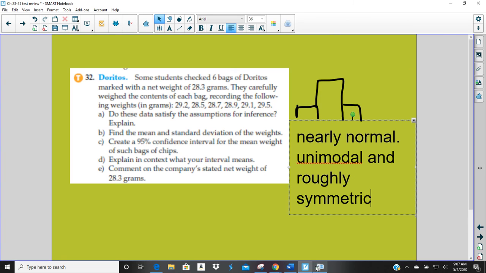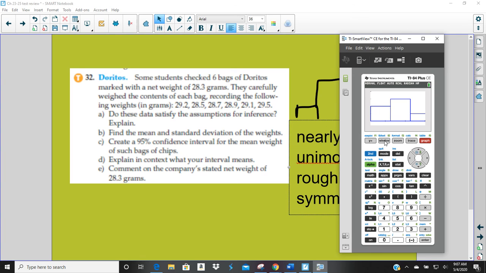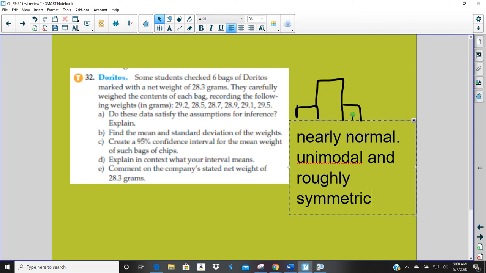Mean and standard deviations. Now let's go to stat, calc, 1-var stat, L1. And we're going to get the mean and the standard deviation. The mean is 28.98 and the standard deviation is 0.36. So the mean, I'm going to come down here.